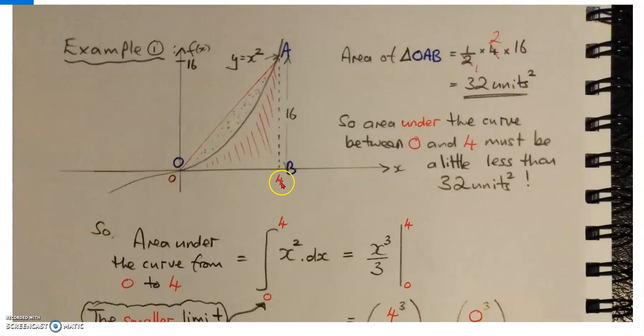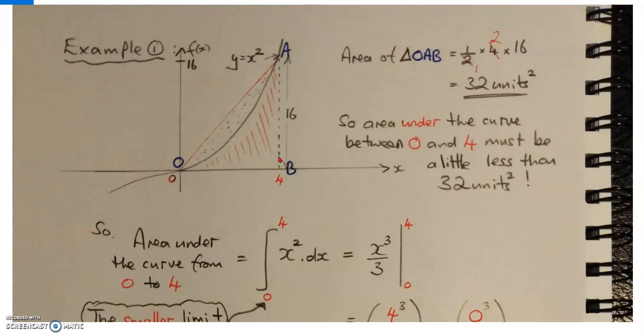So we put 4 into this formula, and we work out that y's value must be 16. 4 fours are 16. So we know the perpendicular height of this triangle, and we work out that the triangle OAB is 32 units squared in area.